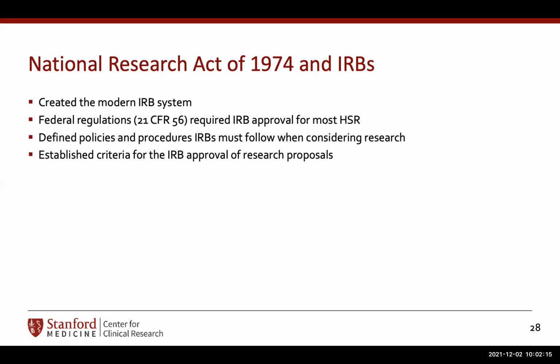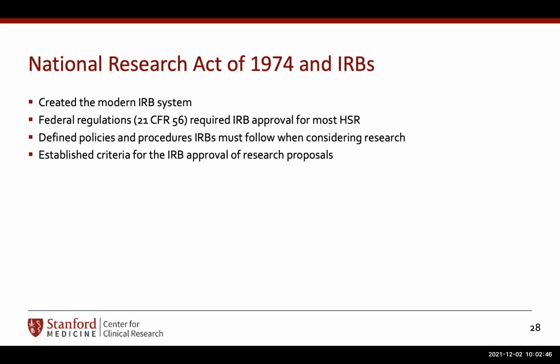And it led to this National Research Act of 1974, which led to the National Commission for the Protection of Human Subjects in Biomedical and Behavioral Research. That committee developed the Belmont Report, and we're going to talk about that in the next slide. The National Commission was composed of experts in ethics, religion, law, industry, and medicine.